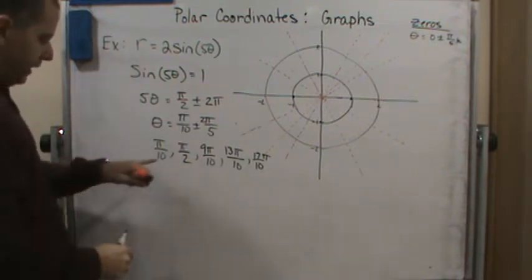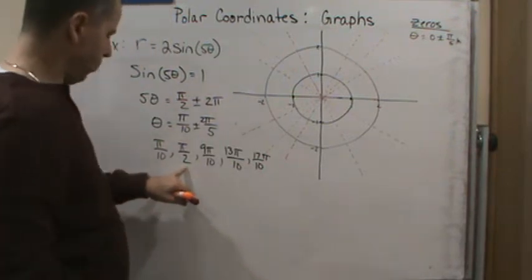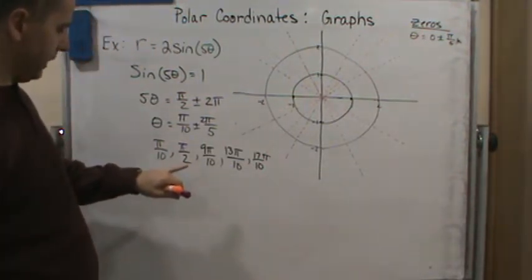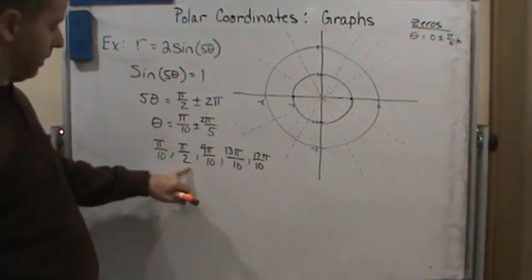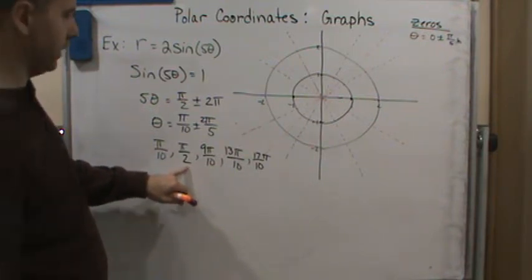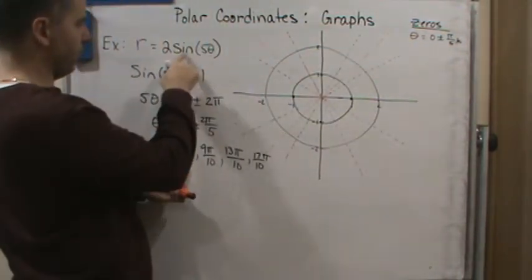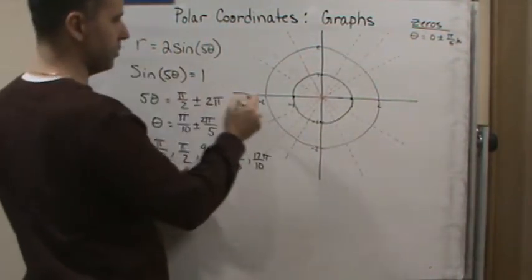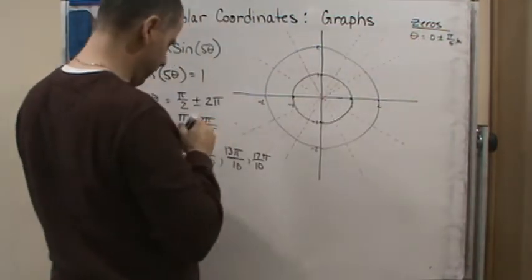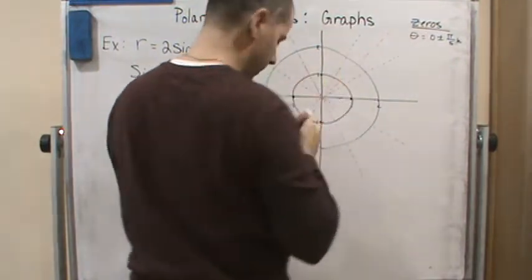Notice how pi over 2 is right there. So just like I was saying, one of the petals is going to be on one of the axes. Right there, at pi over 2, it's going to be 2, because this is where it's 1. When this is 1, the radius is going to be 2. So guess what? Oh, let me get a different color.